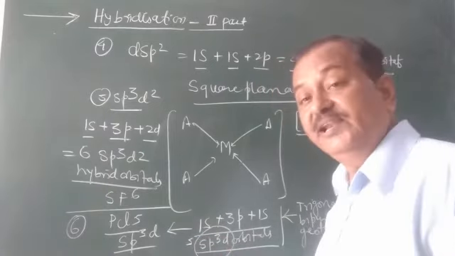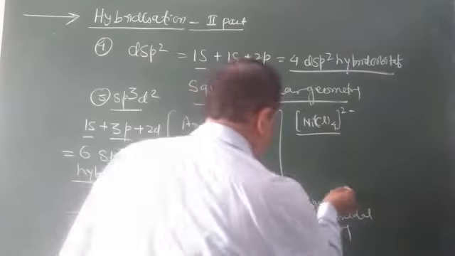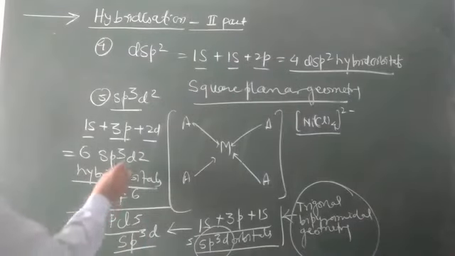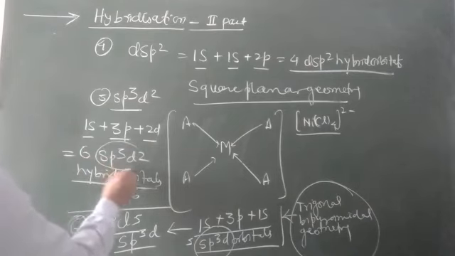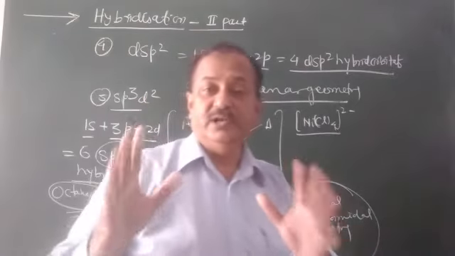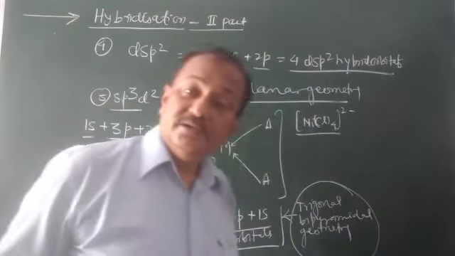All the molecules which undergo sp3d hybridization will have trigonal bipyramidal geometry. Now coming to sp3d2, it will have octahedral geometry. We can identify the molecules, and this is how we can explain hybridization.